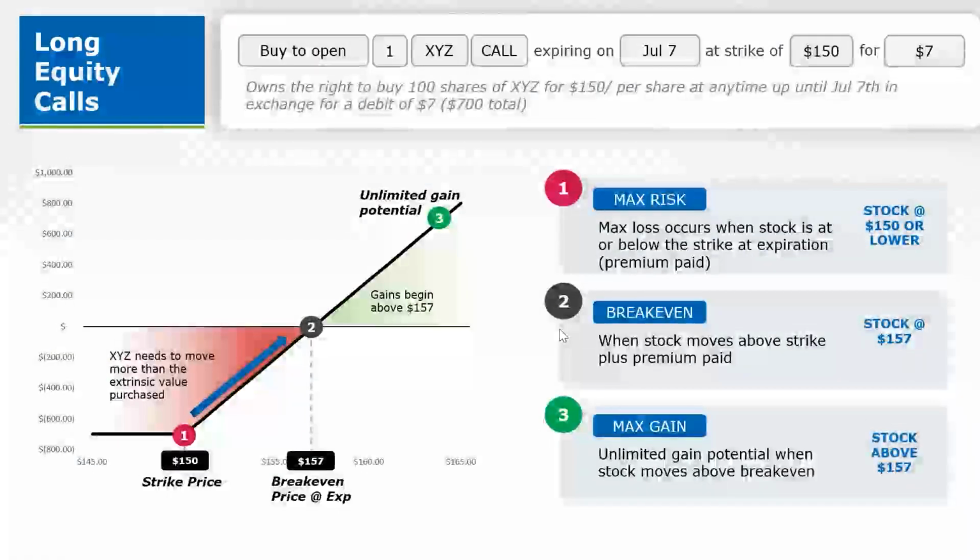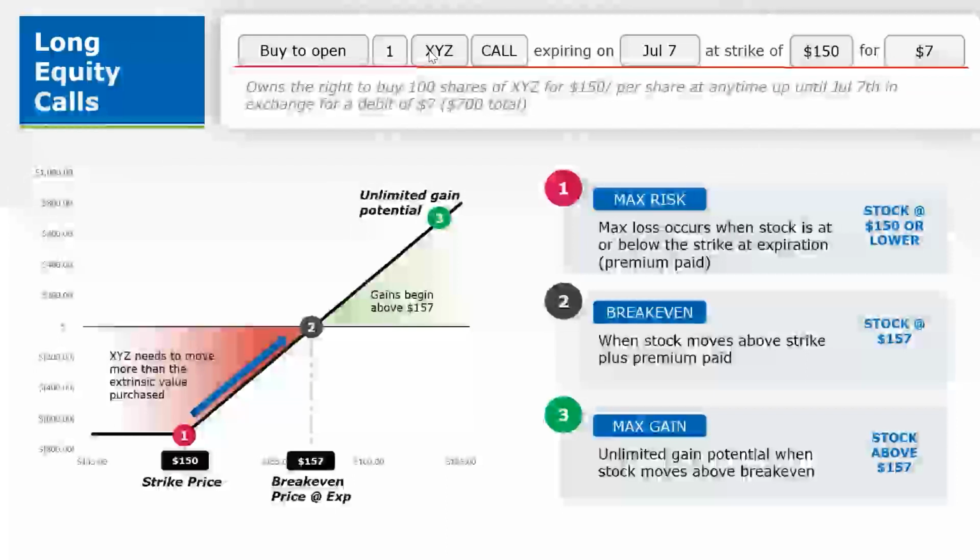Okay, so moving forward, we have an example of a long equity call option. This is when you simply buy to open one XYZ call option expiring on July 7th at a strike price of $150 for $7. So there's quite a lot to take in here, right? But if we break it down, you're buying to open, so you buy a call option of stock XYZ.